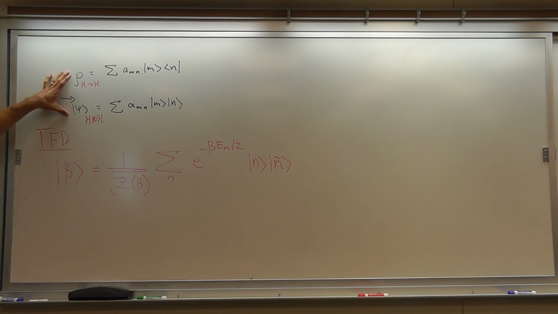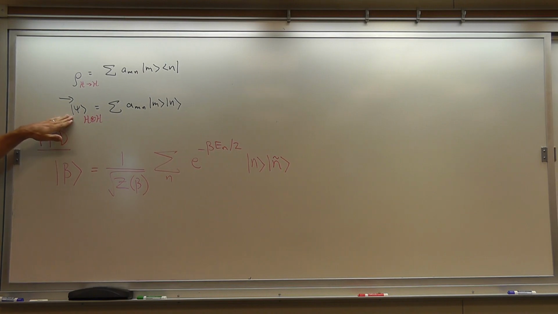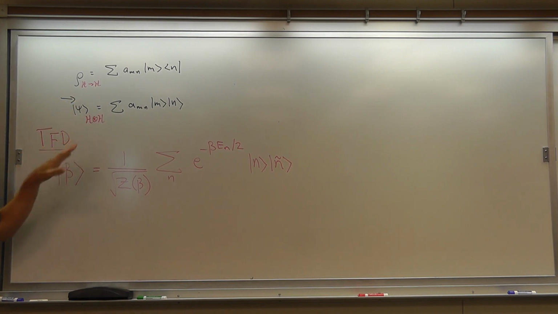Don't confuse this with the idea of partial trace. That's something else. The partial trace is a density matrix that you get on one copy of H after taking this state and tracing out the other copy.